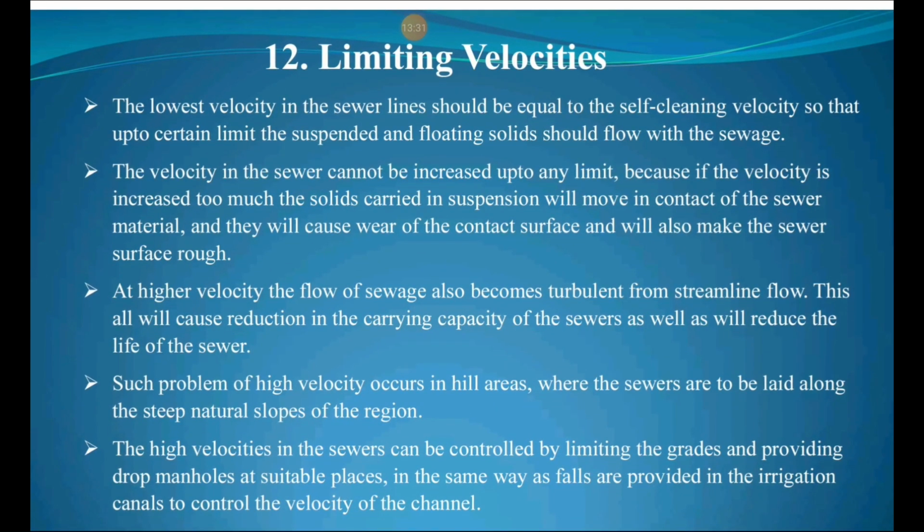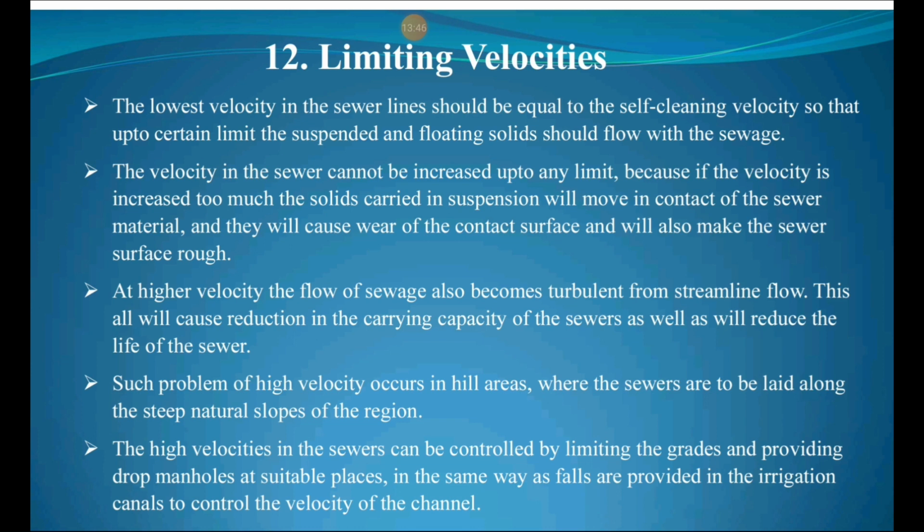Then we are going to discuss the limiting velocities. The lowest velocity in the sewer line should be equal to self-cleaning velocity as discussed earlier, so that up to a certain limit the suspended and floating solids should flow with the sewage.